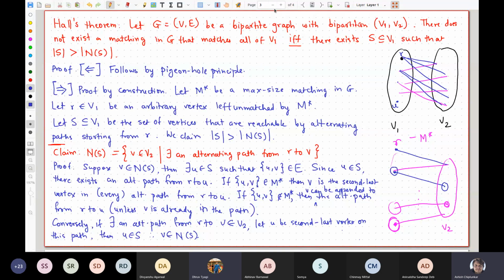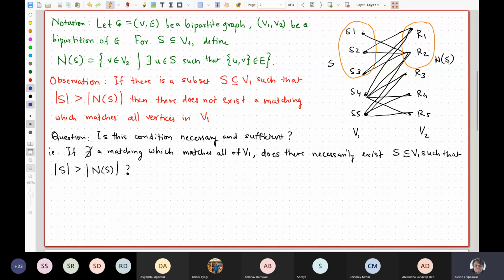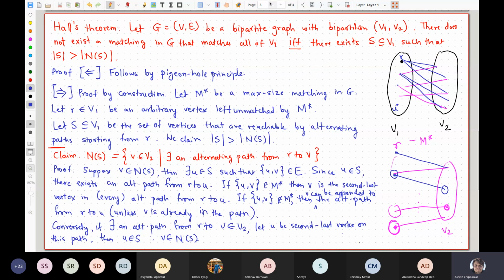Yes. In particular, R itself is in S. And sir, how have we defined NS? NS is the set of neighbors of some vertex in S. That's all. So basically, we are constructing both S and NS. Yeah.